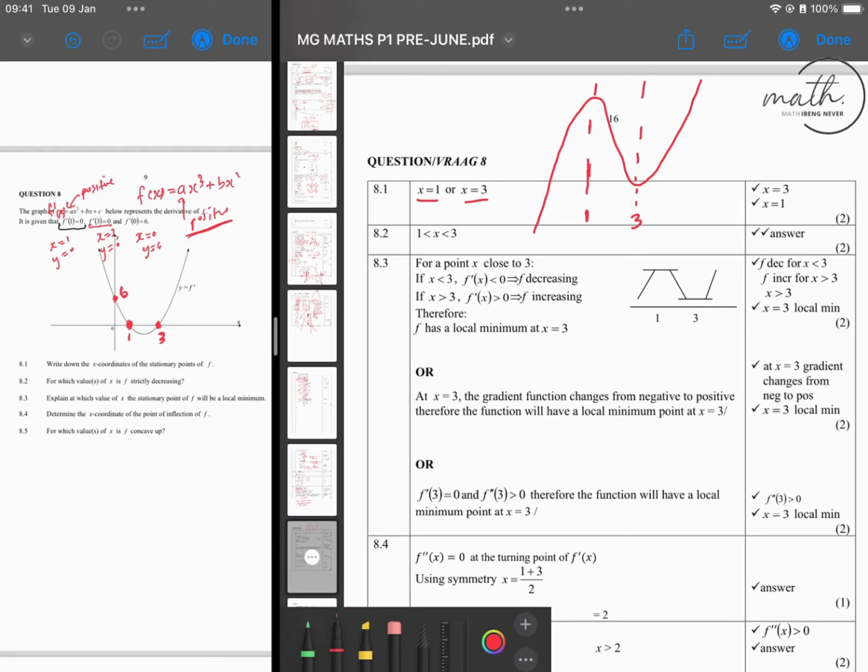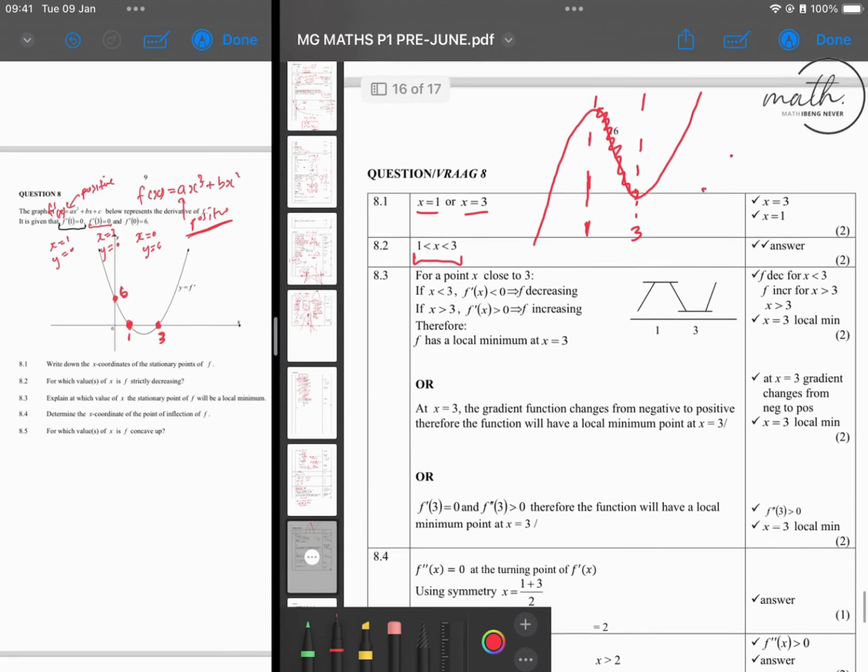So now the sketch I drew here will help because you just find where it's decreasing. It's decreasing between 1 and 3. So there, as you can see, between this 1 and this 3, that's where it's decreasing. So having this sketch helps a lot.